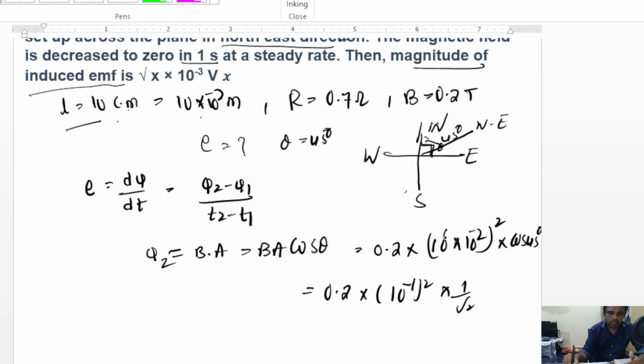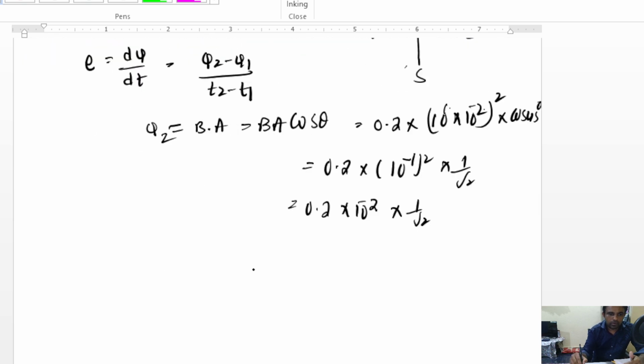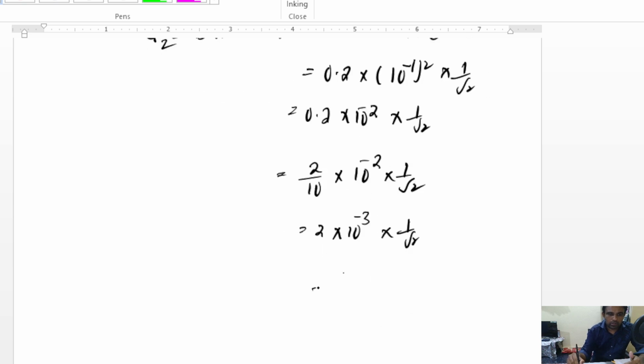So here power 1 is there, now 1 minus 2, minus 1 whole square. So 0.2 into 10 to the power of minus 2 into 1 by root 2. So 2 by 10 into 10 to the power of minus 2 into 1 by root 2. So 2 into 10 to the power of minus 3 into 1 by root 2. So now this becomes root 2 into 10 to the power of minus 3.